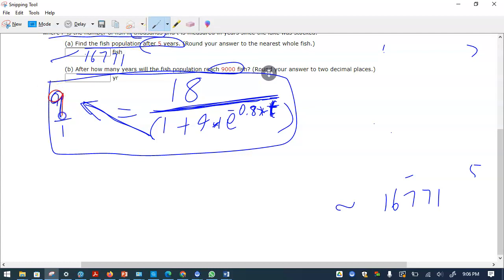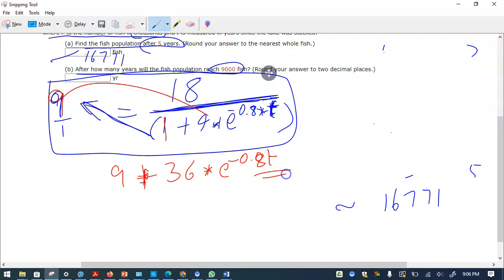So this 9 multiplied to 1 will give just a 9, plus that 9 multiplied to 4 will give you 36 times e raised to minus 0.8t, and equals 18, which stays the same because 18 over 1 is 18.